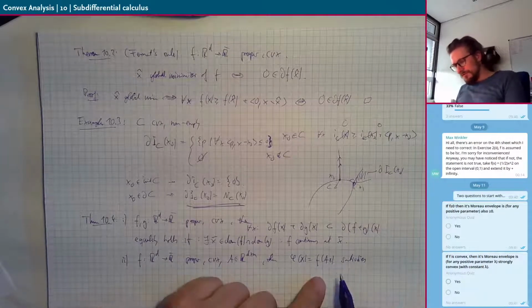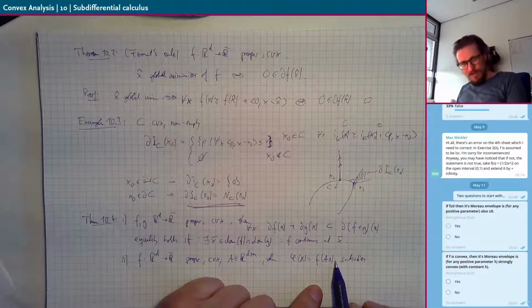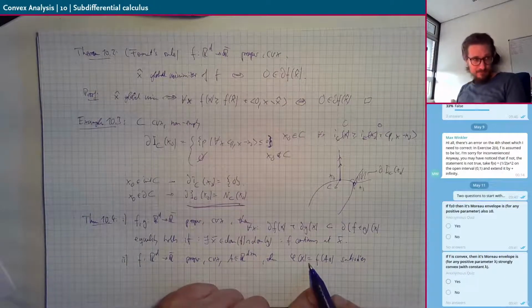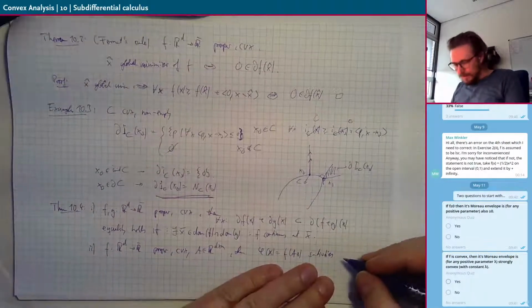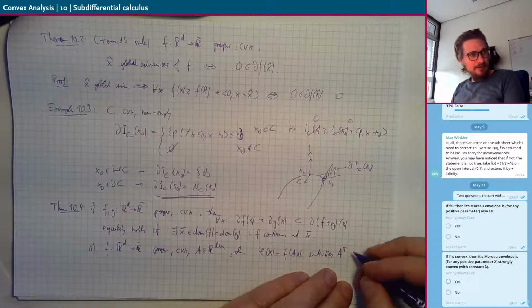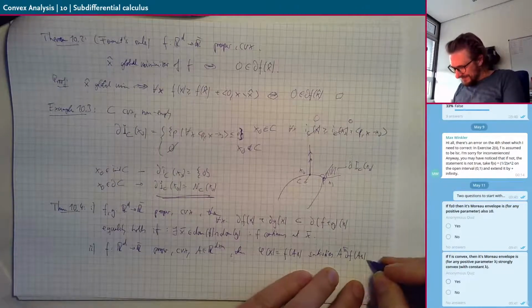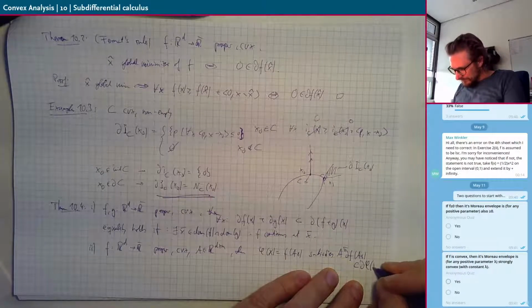Of course, the chain rule for derivatives says the inner derivative goes to the right, but the gradient is the transposed derivative, so you have A transpose to the left. But here it holds that A transpose times the subgradient of f at Ax is just a subset of the subgradient of phi at x.